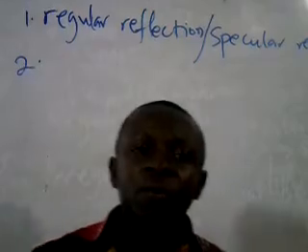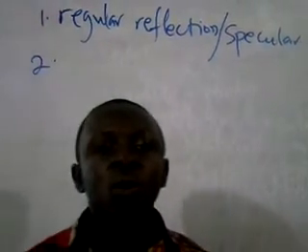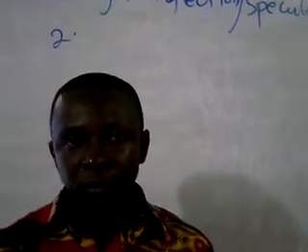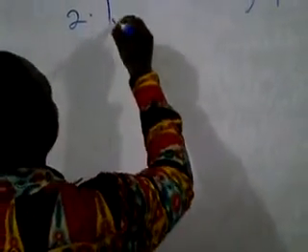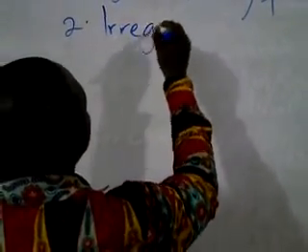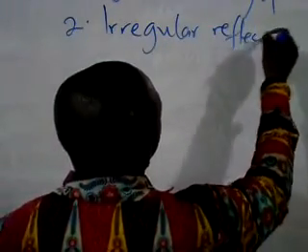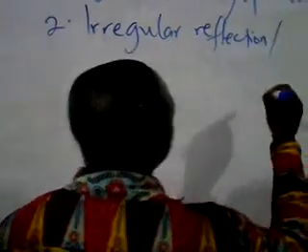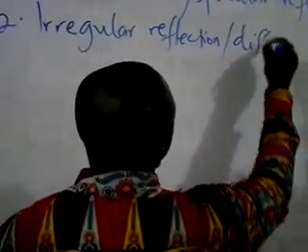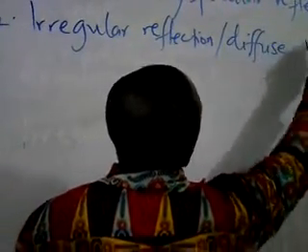We have another type of reflection that occurs on a rough surface. That type of reflection is known as irregular reflection. And it's also known as diffuse reflection.